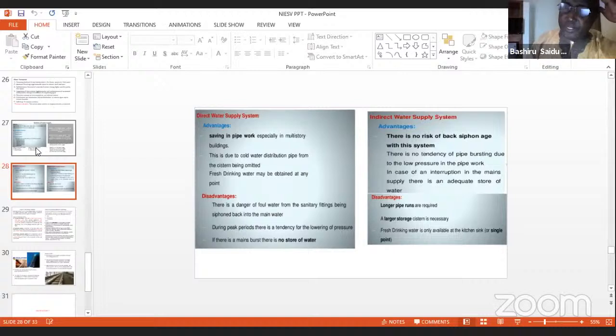Then, by virtue of my rurality, I can only use firewood to warm the water. I said as a rural man, I don't have all these gadgets in my house, so I have to use firewood to warm the water.